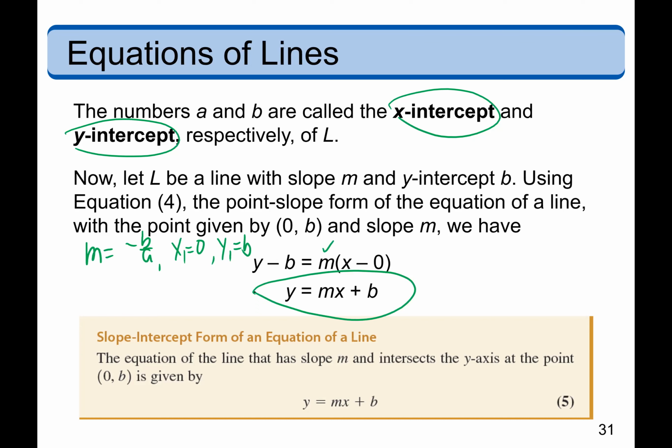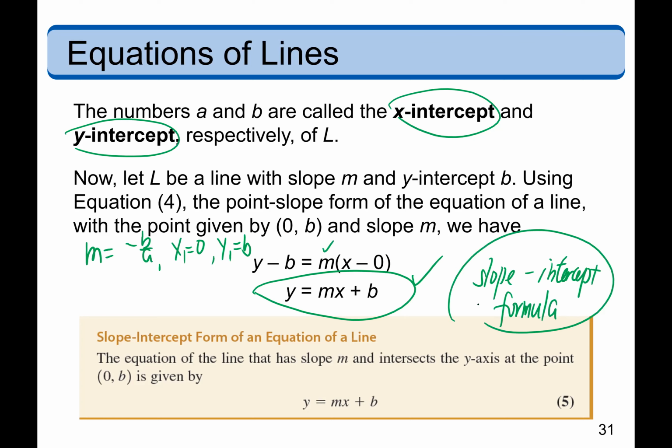And that's how they generate the other equation for the straight line. We call this slope-intercept form, right? So if you know the slope and you know the intercept, typically the y-intercept, then you'll be able to use the slope-intercept formula to find the equation of the line. So it will be y equal to mx plus b. And this is a widely used linear equation formula.